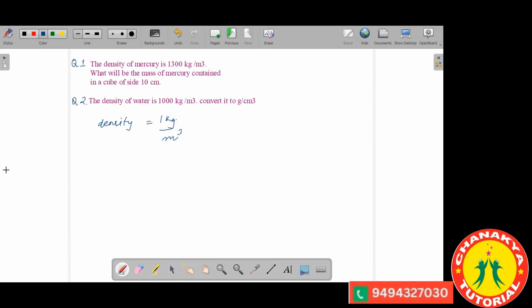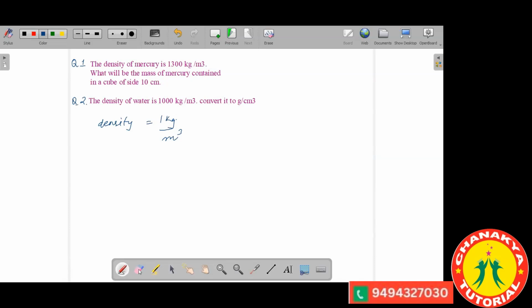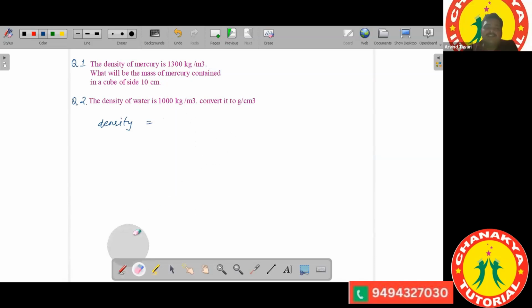Is the answer 1 gram per centimeter cube? Yeah, the answer is 1 gram per centimeter cube. So who else has got the answer? You take this 1000 kilogram per meter cube, convert it to gram per centimeter cube.